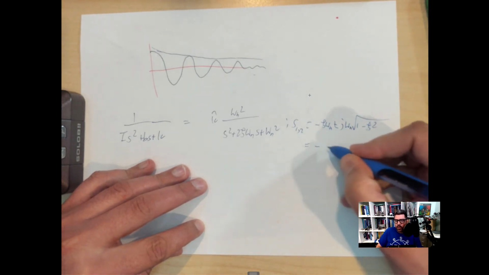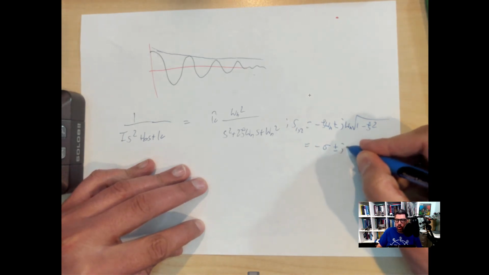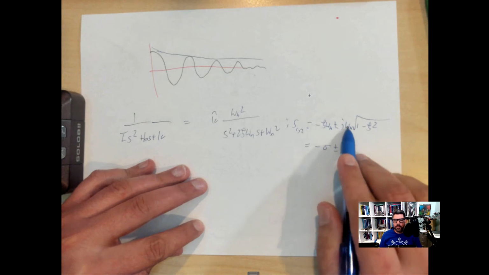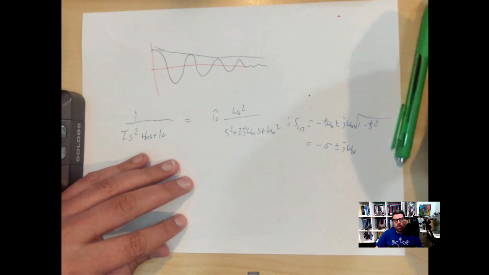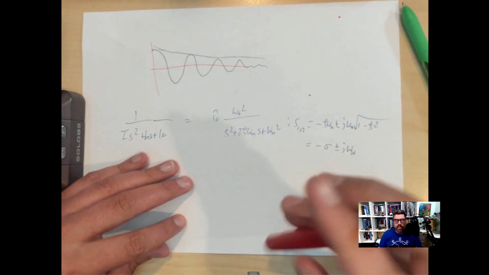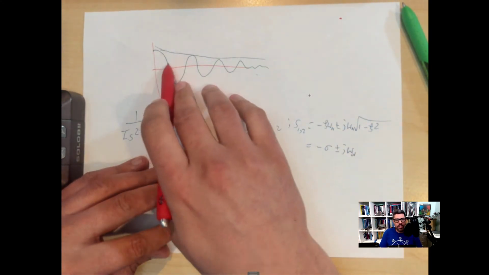Or equivalently minus sigma plus or minus j omega d. So that's omega d, that's sigma. Obviously sigma is going to give you your decay rate, and omega d is going to give you frequency.